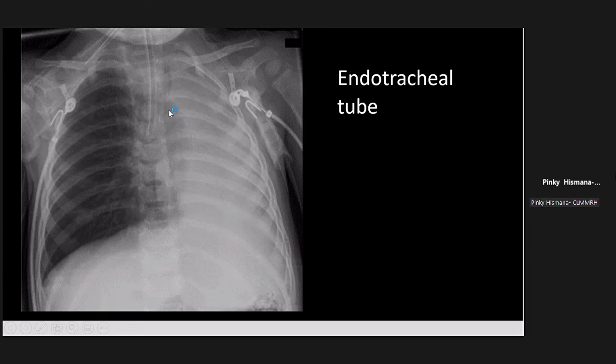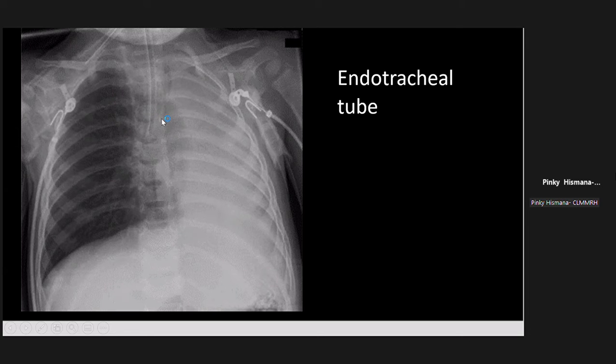The reason for this atelectasis is the displaced endotracheal tube, in which the distal tip is placed at the right main bronchus. So the left lung lost oxygenation because your tube is going entirely to the right lung. The tube went too far, and instead of being above the tracheal level, it entered the right main bronchus. So no air is entering the left main bronchus. That's why this patient had atelectasis.